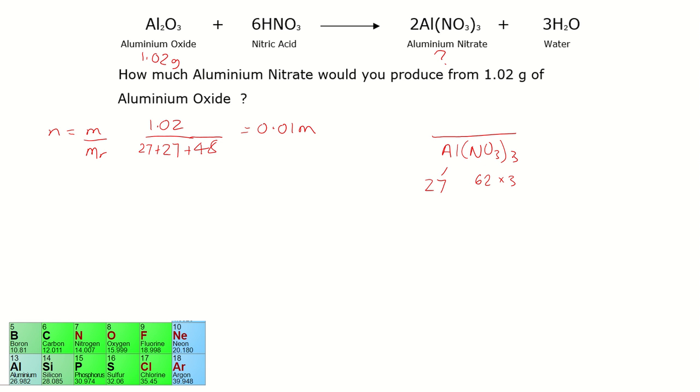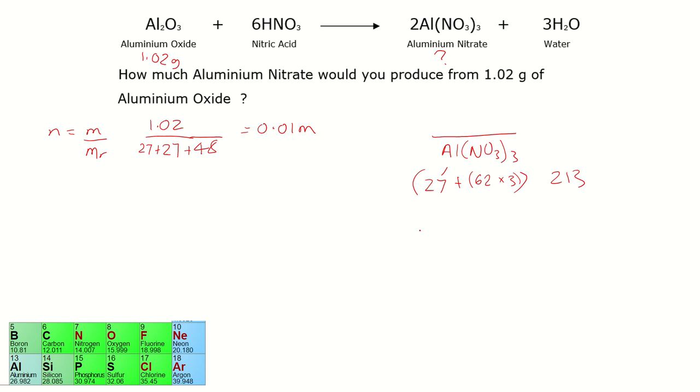We need to multiply that by 3 because there are 3 of them. So if you multiply that by 3, it equals 186 plus the 27 gives us a combined mass of 213. Now we know that, we need to find out the mass.